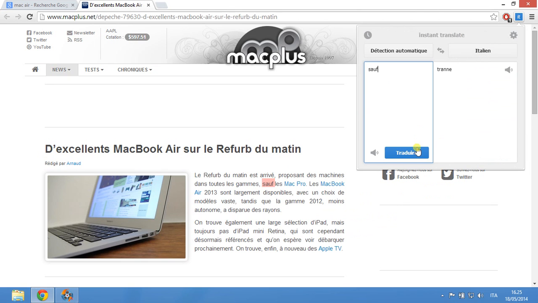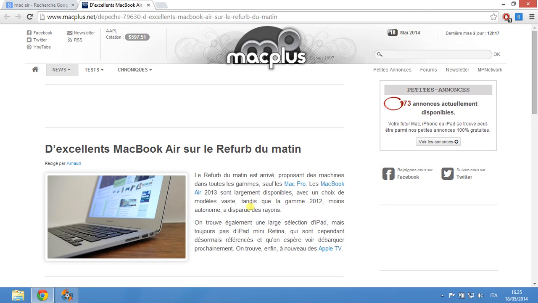Okay, so let's use the dictionary. And what is it saying here? I already know something about refurb. Okay, le refurb. This is a thing that Apple does to sell old things again.